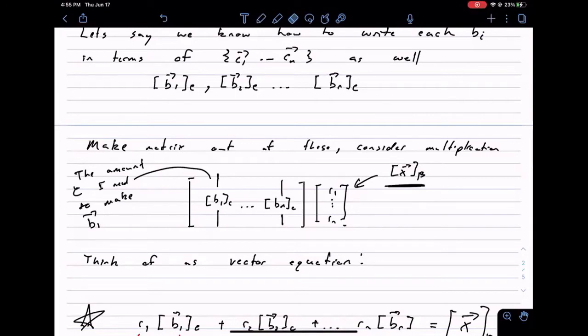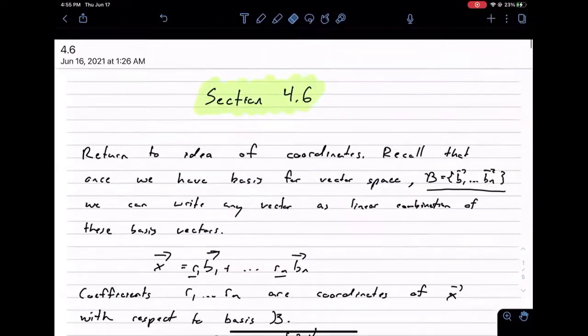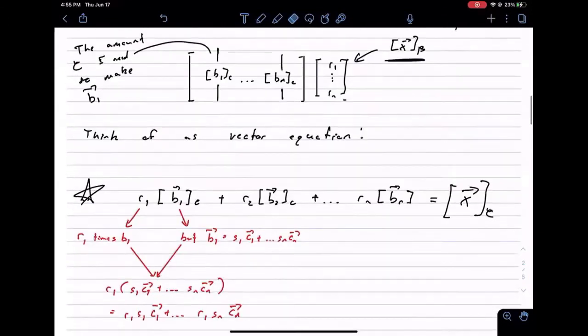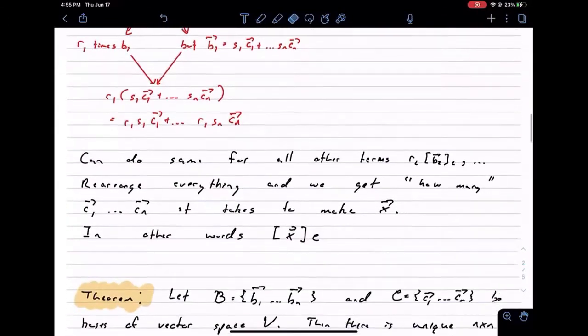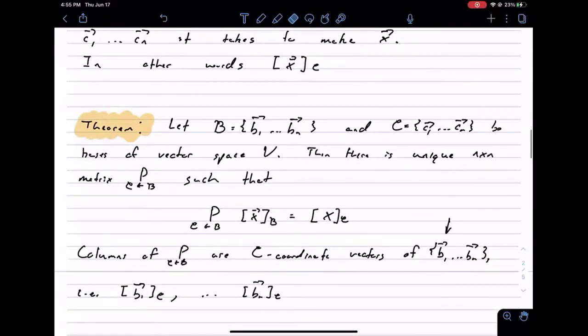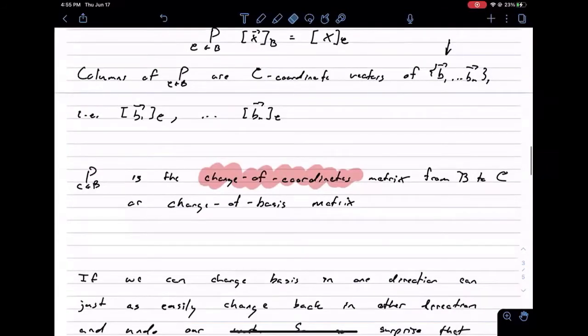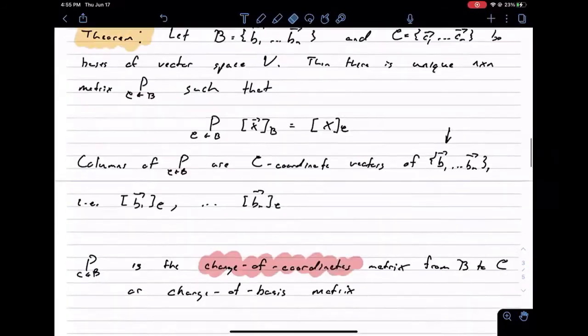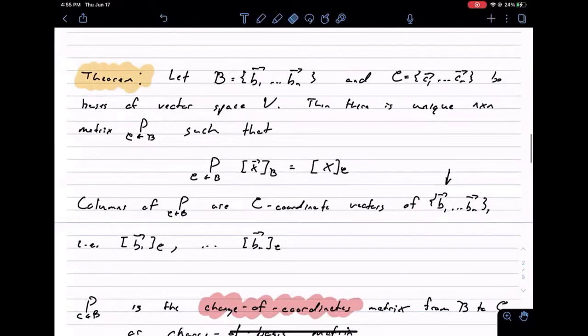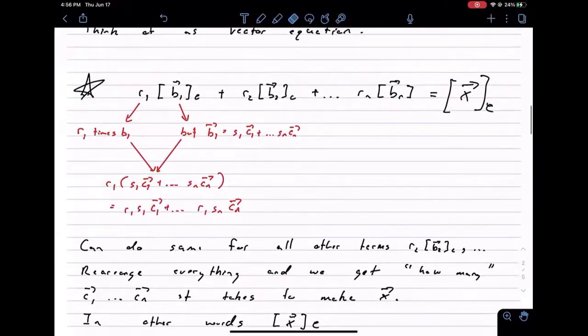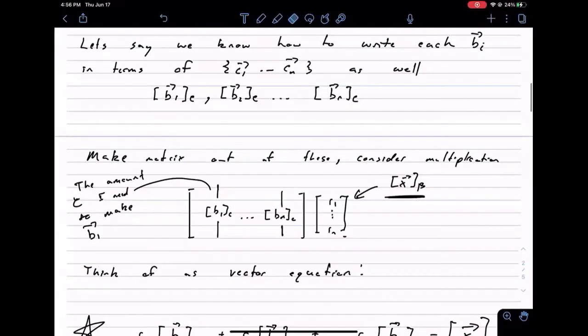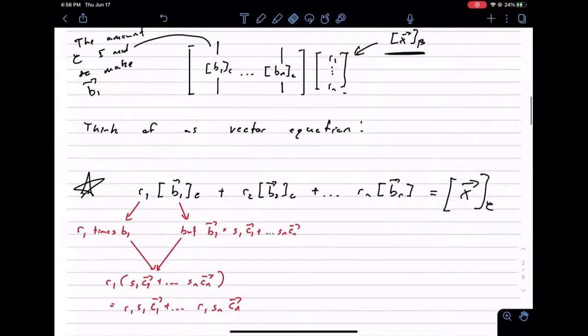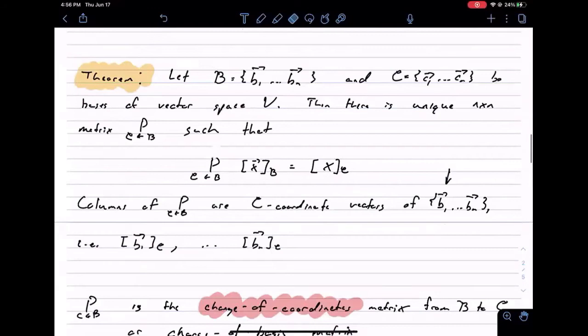Okay. So I think in the morning section we covered that logic, and we kind of covered how we develop this matrix and what this means. And I think we even got as far as doing an example. But here's the theorem. So this matrix that we're making, the notation we use for it is this.